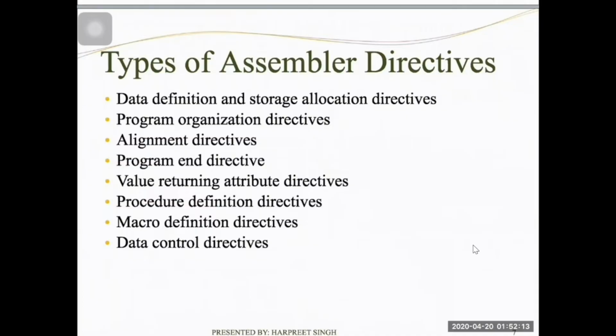Fifth one is value returning attribute directives, procedure definition directives, macro definition directives, and data control directives. So let's discuss one by one. First of all, we will discuss the data definition and storage allocation directive. This directive is used to define the program variable and allocate a specified amount of memory to them.